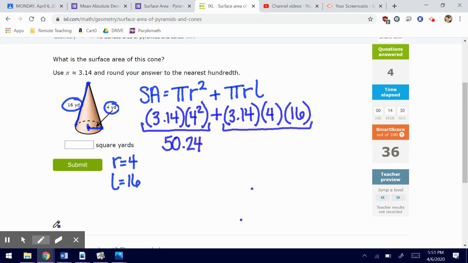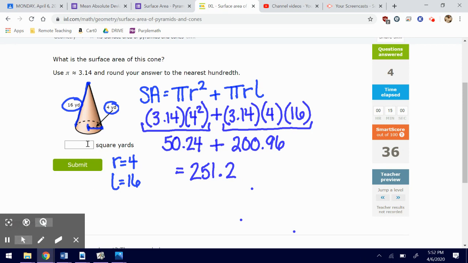Now I'm going to type in my second part, which is 3.14 times 4 times 16, which is going to be 200.96. And if I add those two together, I get a total of 251.2 for my surface area.